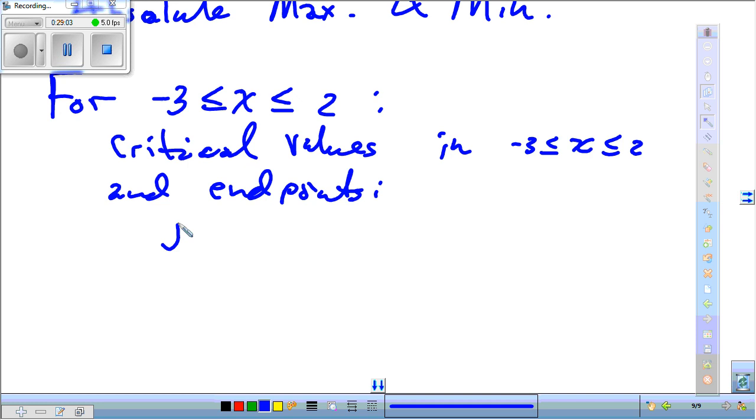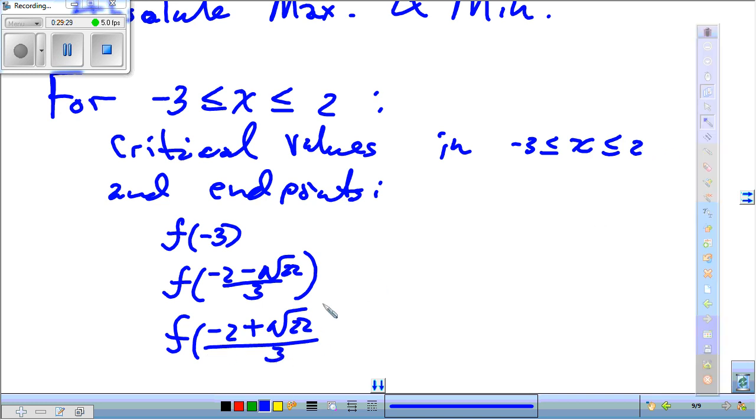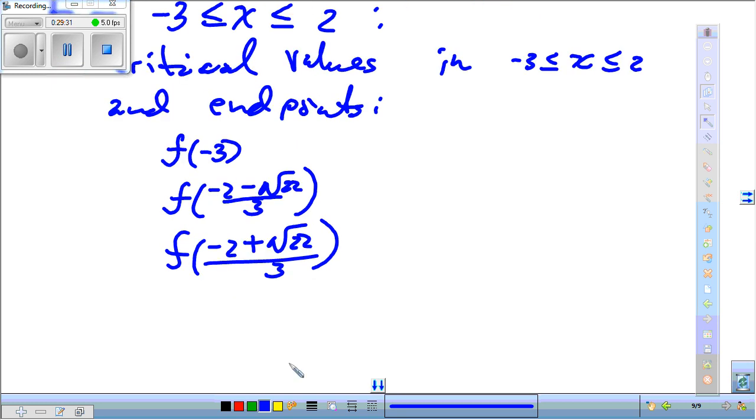We would line up these values. Endpoint minus 3, we have minus 2 minus square root of 22 over 3, a little larger than that, but certainly less than 2. We have the other critical value near 1, so not past 2 yet. So those are both in the interval, and the other endpoint.